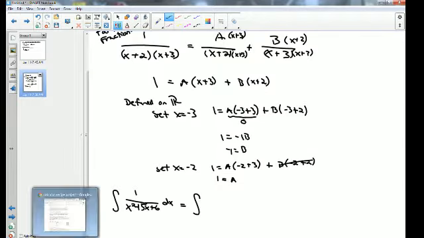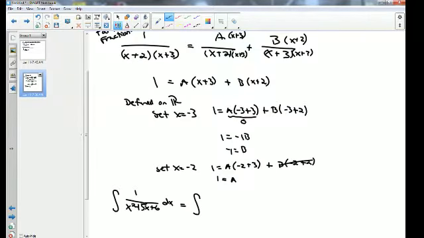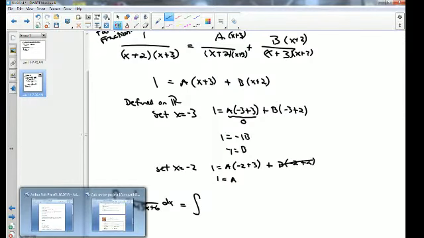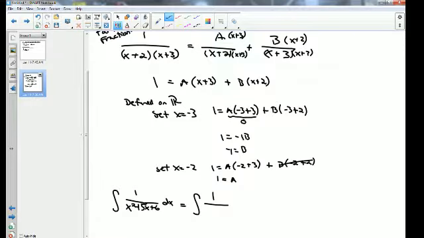One thing to caution you about is make sure that you put the letters in the right spot. Some people mix those up when they're trying to go really fast. Okay, so we have a over x plus 2, right? The reason people mix them up is because they look at this one. For some reason, they put x plus 3 with a, but you need to reference the original.